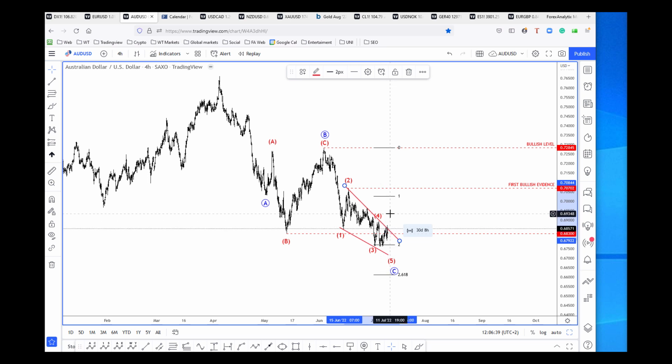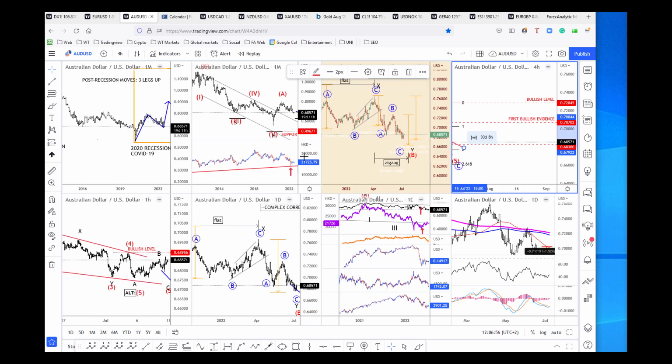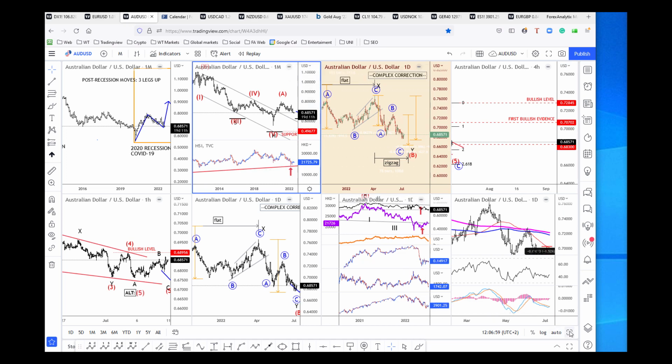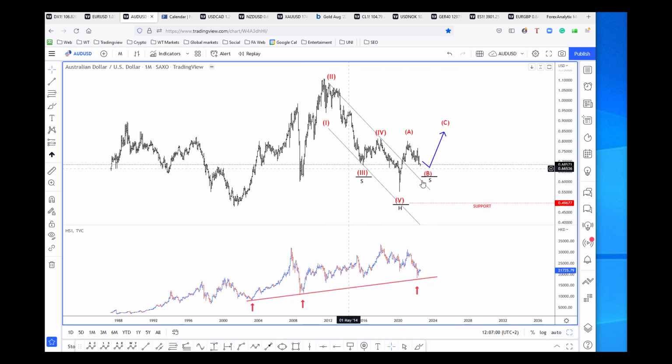So if we can produce more upside here, let's say towards 0.7, and if maybe jobs data will be stronger next week from Australia, then I think that we could potentially be building a low here and more upside could be seen.